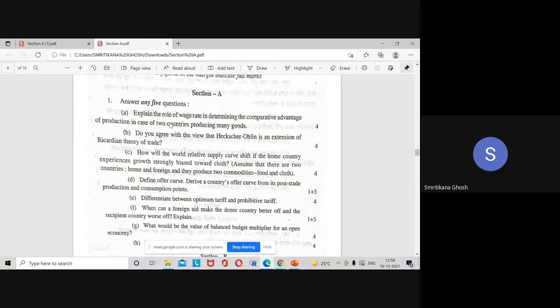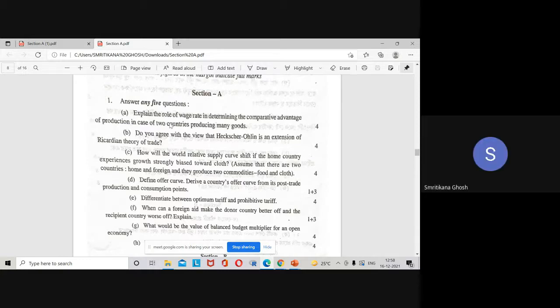Differentiate between the optimum tariff and prohibitive tariff. Okay, prohibitive. What is prohibitive tariff? I didn't discuss it, but still I am asking. What is prohibitive tariff? Ma'am, to prohibit an import from a specific country.